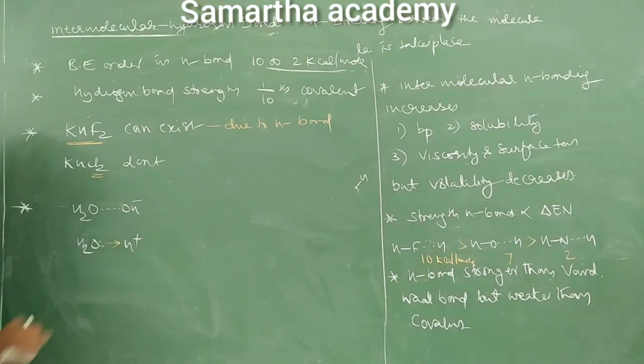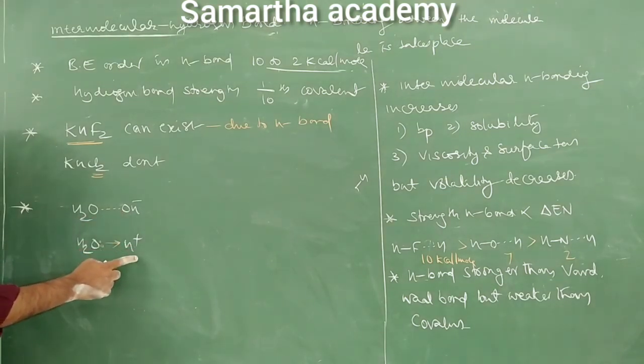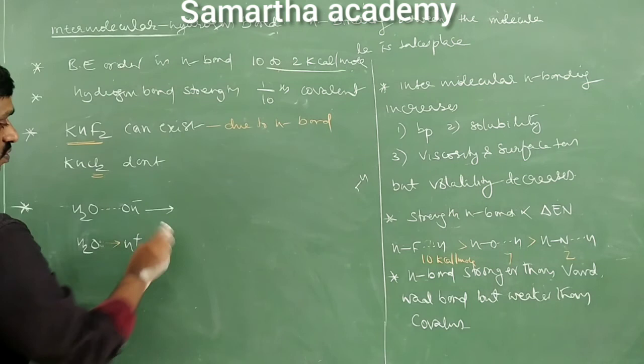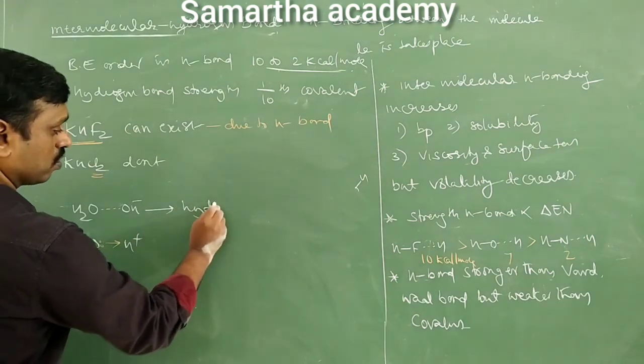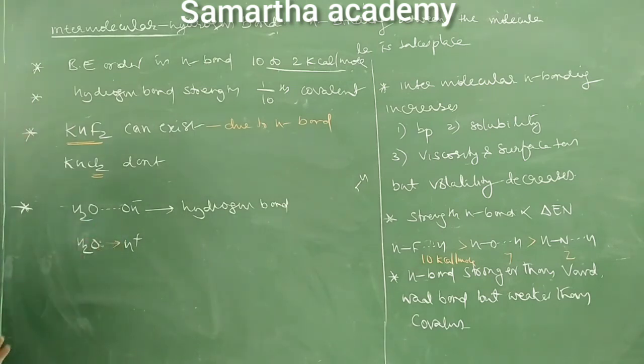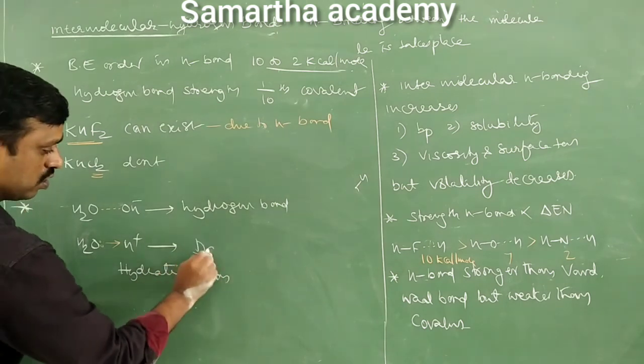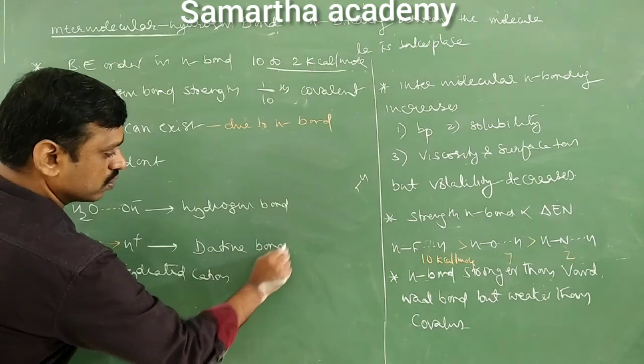Dative bond, coordinate covalent bond. H plus is an acceptor, water is a donor, they form H3O plus, no. So therefore, the bond between hydrated anion is hydrogen bond, hydrated cation is dative bond. It is a hydrogen bond. It is hydrated anion. This is hydrated cation. This is always a dative bond.